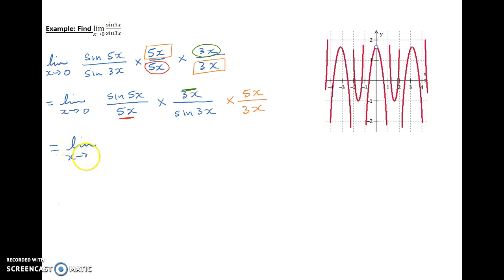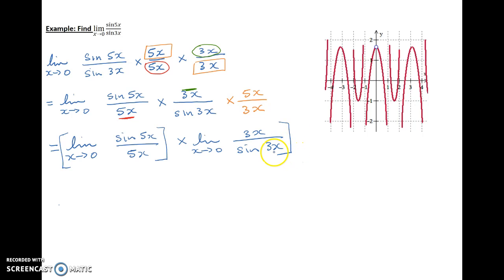So it becomes the limit as x approaches 0 of sine of 5x over 5x, multiplied by the limit as x approaches 0 of 3x over sine of 3x, multiplied by the limit as x approaches 0 of the piece on the end, 5x over 3x.